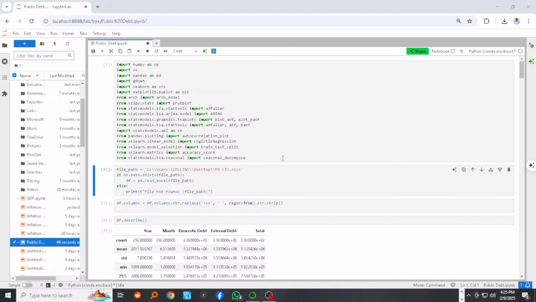The next step is where I need to bring the data path, the data, onto the notebook. So the file path is defined as the C drive, users, college, desktop, PD, that is for public debt, and it's the document.